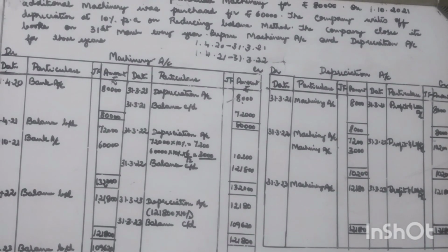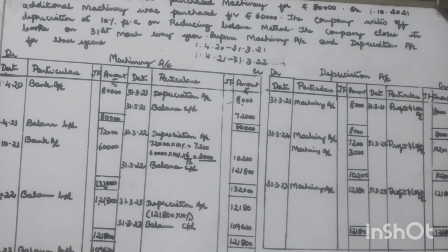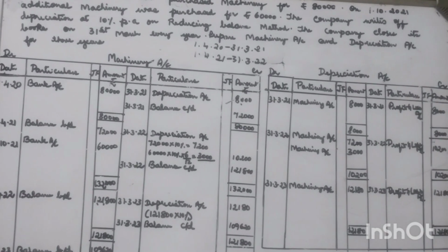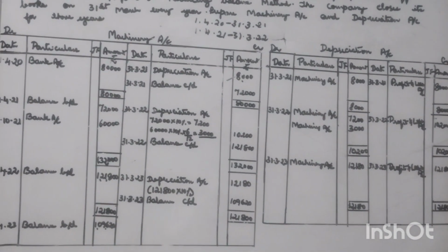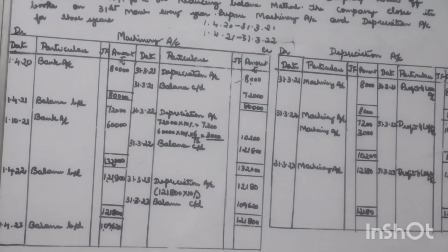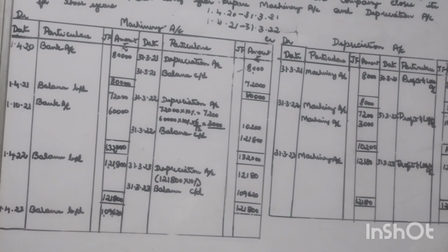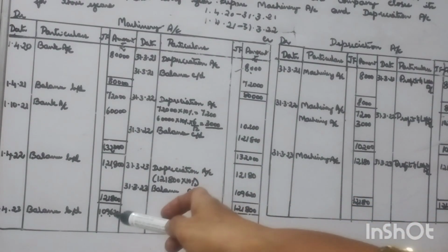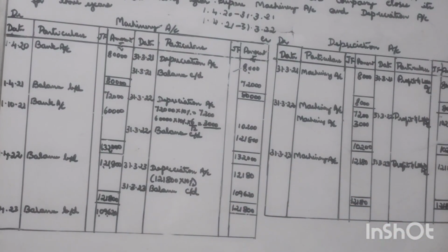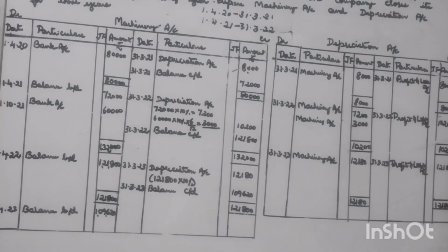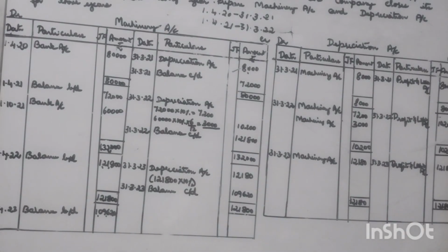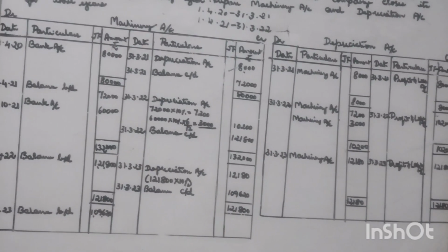So we have prepared for 3 years, and this closing balance has to be brought as the opening balance for the fourth year. We are asked to prepare this machinery account only for 3 years. So this closing balance has to be disclosed as the opening balance on 1/4/2023. The amount is 1,09,620. This is how the machinery account has to be prepared under the reducing balance method.